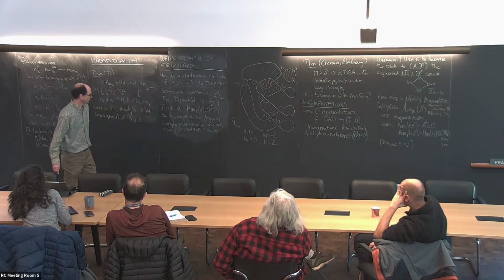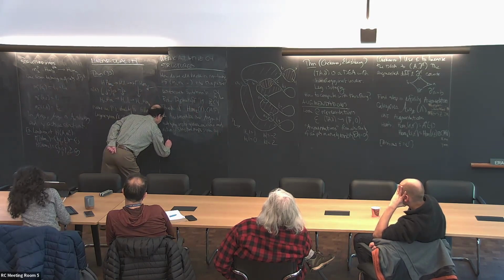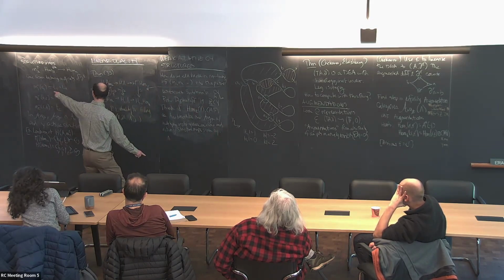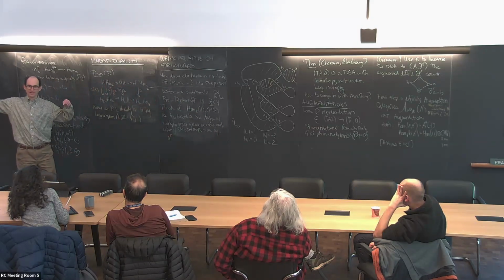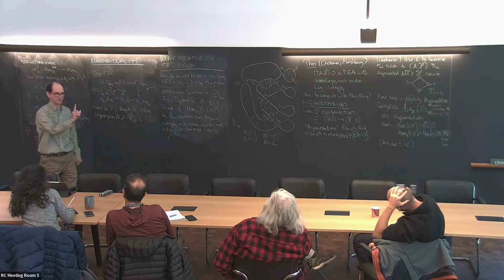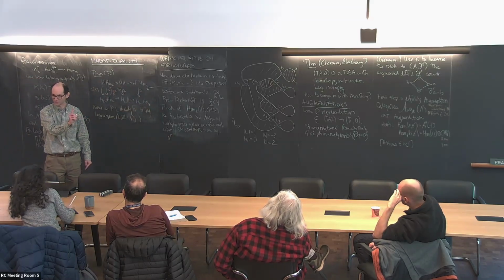So I want to define n, and so M was my old structure map, and n are my bimodule structure maps. They have to take in r inputs on one side, s inputs on the other side, and then something from our vector space in the middle.